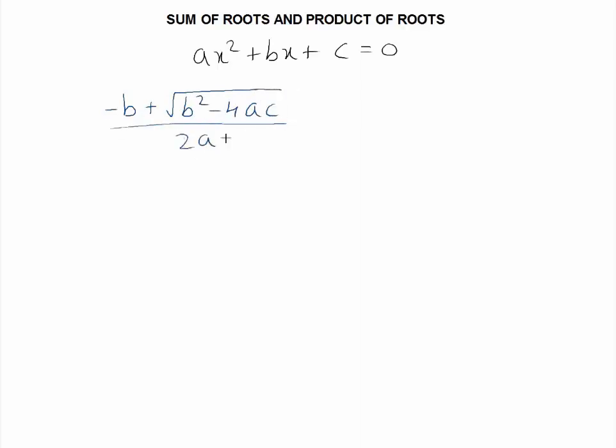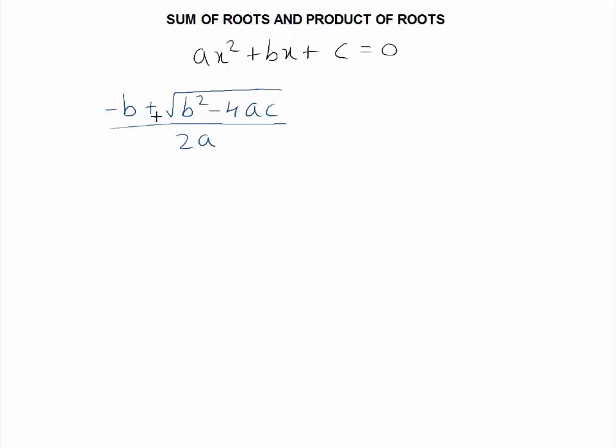Now next is sum and product of roots of ax square plus bx plus c equals 0. Now if you recall, the roots of this equation were minus b plus minus root b square minus 4ac divided by 2a.